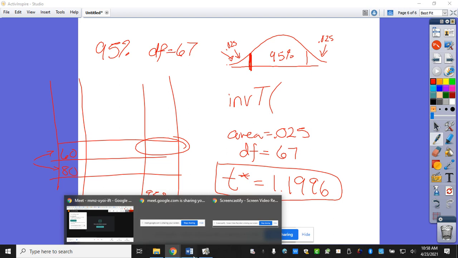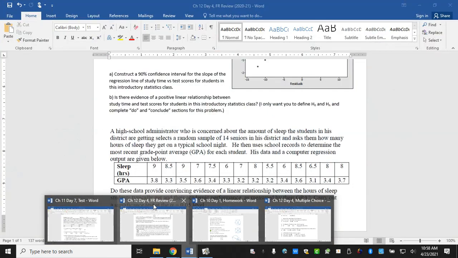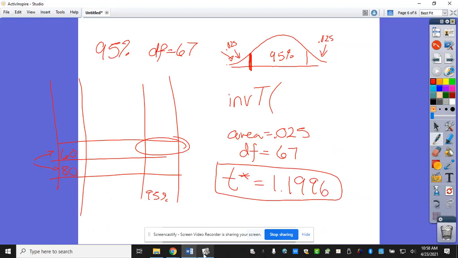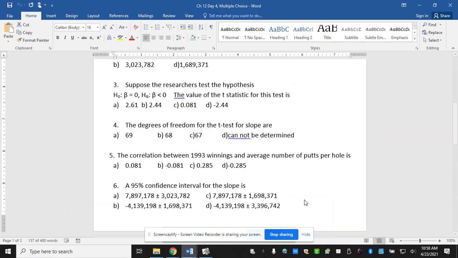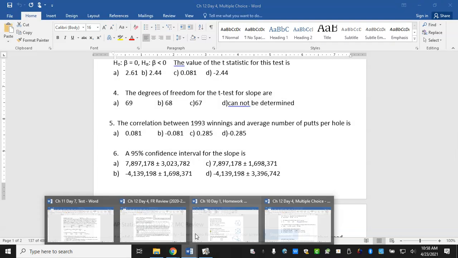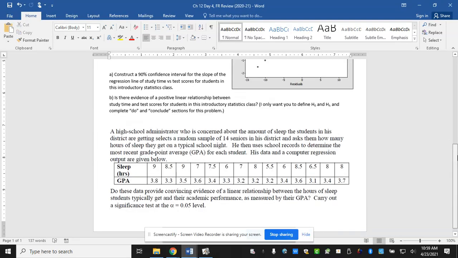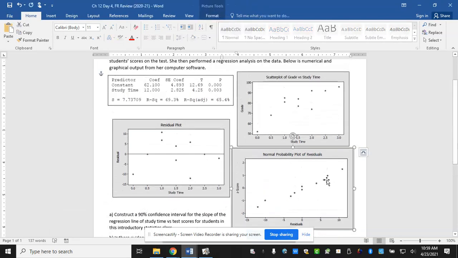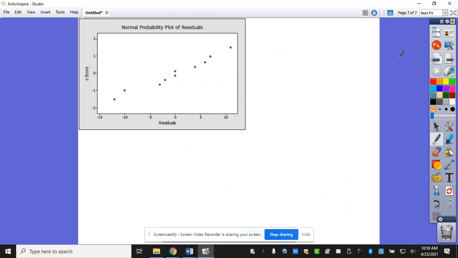Normal probability plot. This is something that we mentioned back in chapter 3 when we dealt with it. That I said, here's an option of what you can do, but I don't like doing it because I am not good at doing one very quickly. I would rather do a histogram.